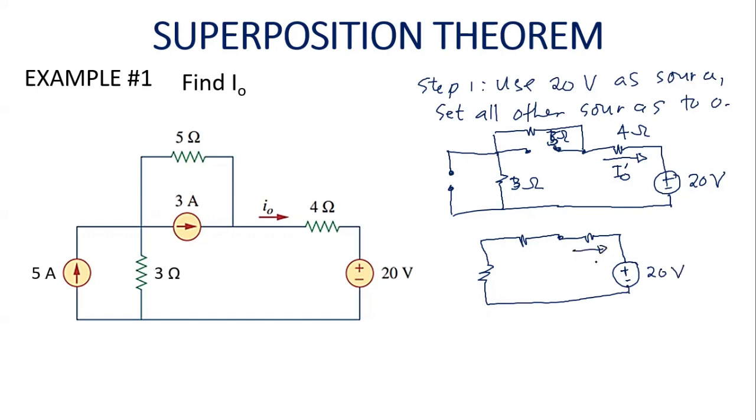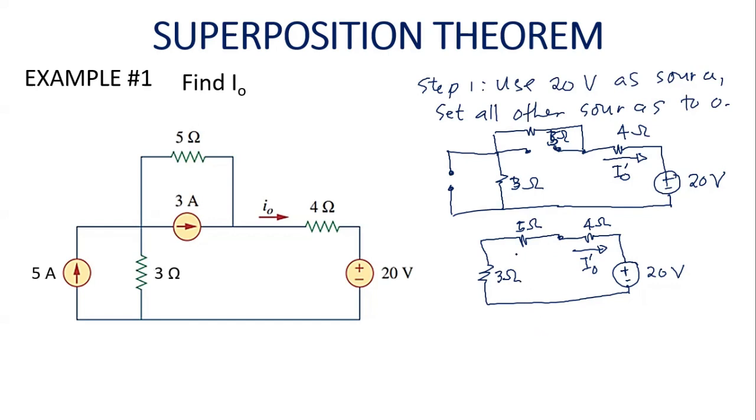Now, since there is only one source in the circuit, what method are we going to use to solve for the unknown? Simply, we use the series-parallel strategy that we discussed in the previous lessons. When there is only one source, we use the series-parallel strategy, or if we have only a series circuit, we use the series circuit principle.